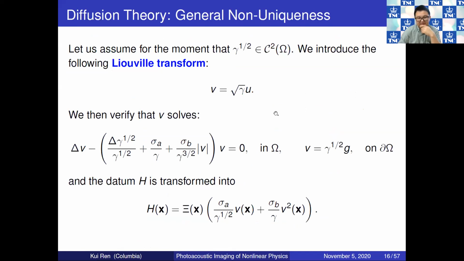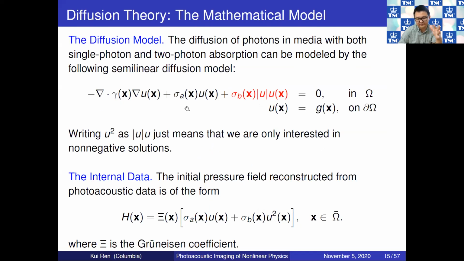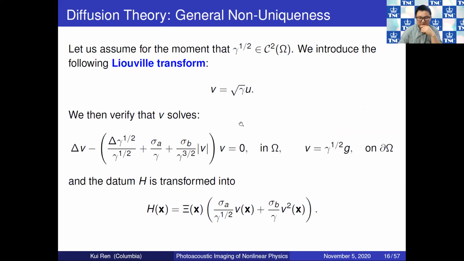This is, of course, expected. You can see it easily by doing a very simple transform, the classical Liouville transform. You can do a transform so that you can take out the gamma term. I think everybody here knows this trick, so let me not spend too much time on this. But you do this transform, you have a Schrödinger equation. You take out the gamma, so gamma becomes part of the potential here, and you see a nice structure.